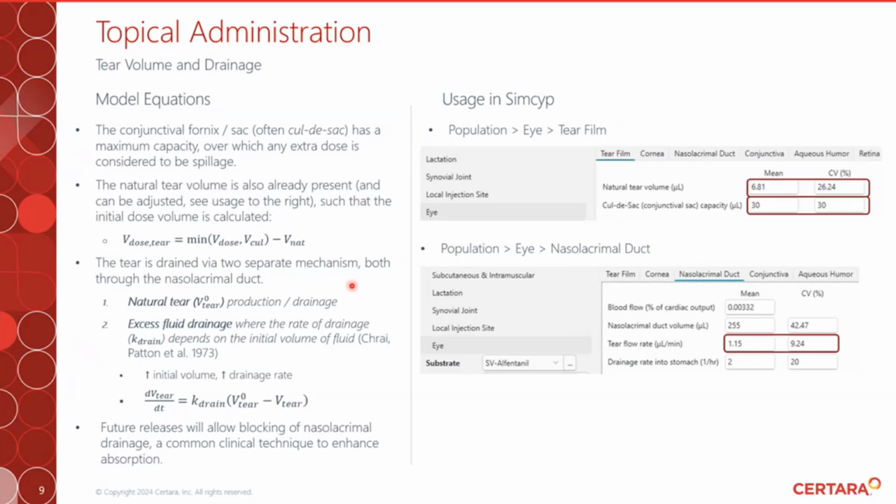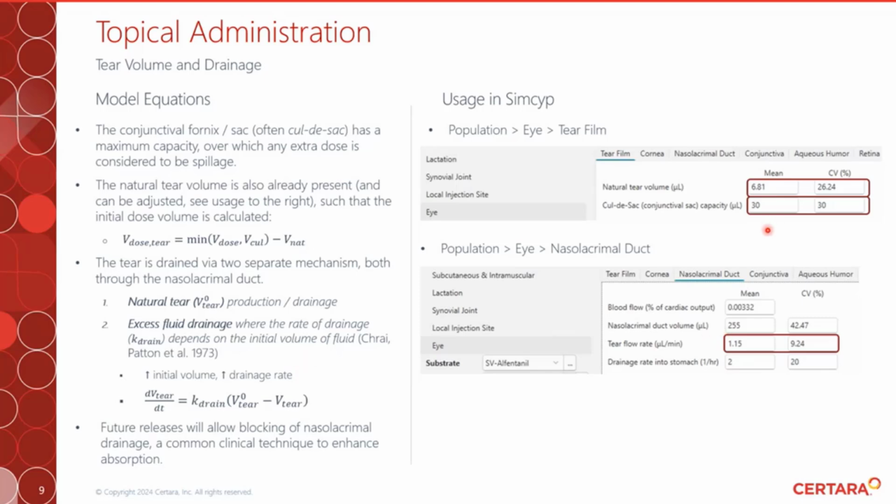And so in the tear, there's actually two forms of drainage. There's natural tear production. This is your tear that is always being produced in your eye and always being drained from your eye. So anytime you're just blinking and living your life, that is a natural tear going in and out of your eye. But when you add a dose and you add a drop from a dropper, there's excess fluid that's added, and your eye can only hold so much.